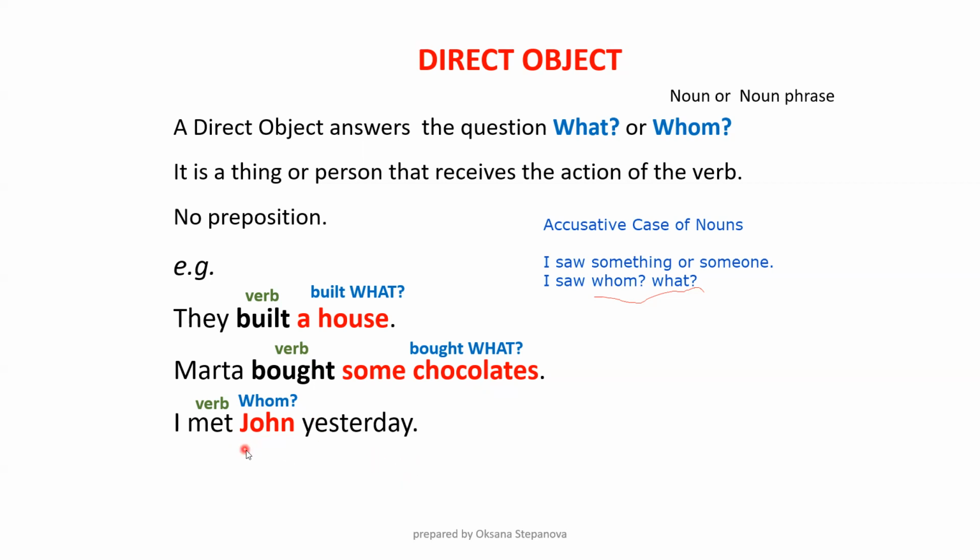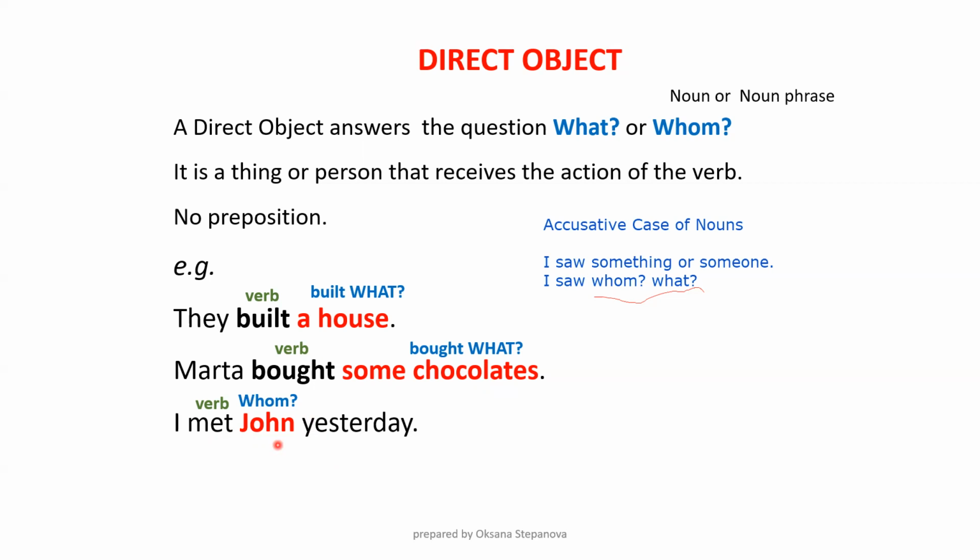So you can't just say, I met yesterday. So you need to use an object after the verb met. Meet, met. You need to give more information. So I met whom? I saw John yesterday.